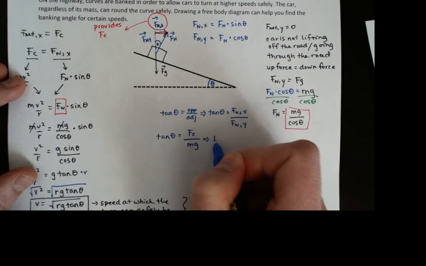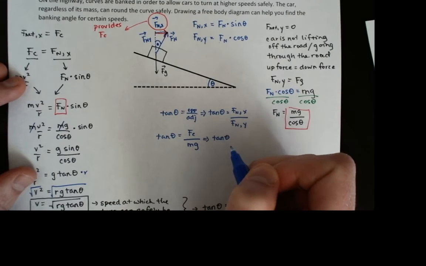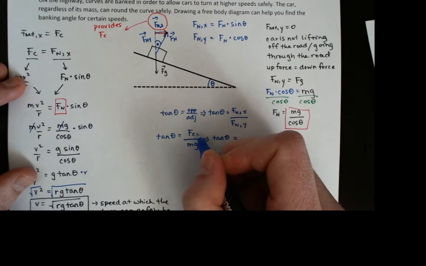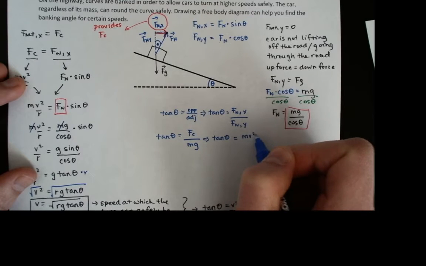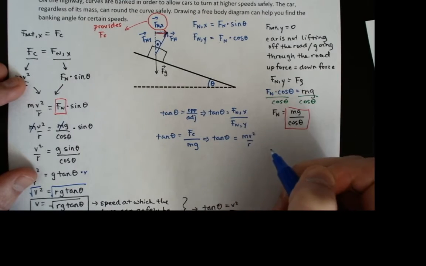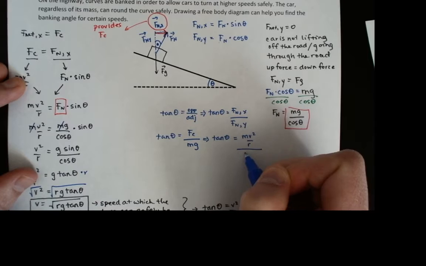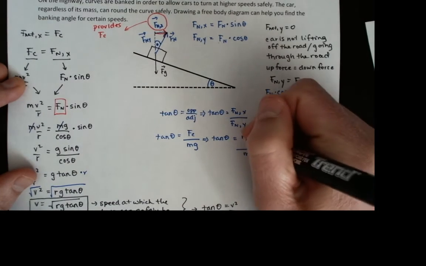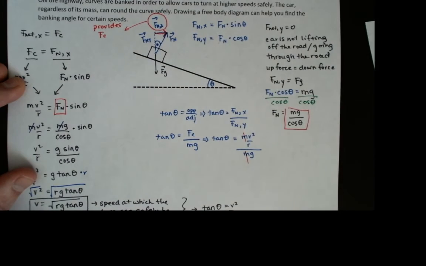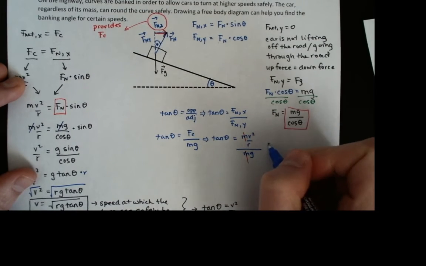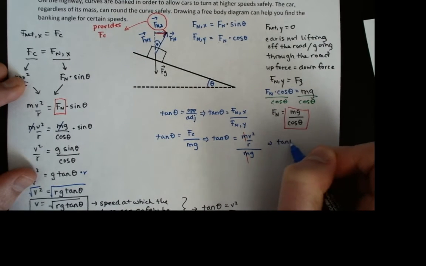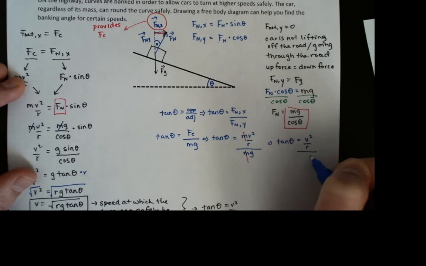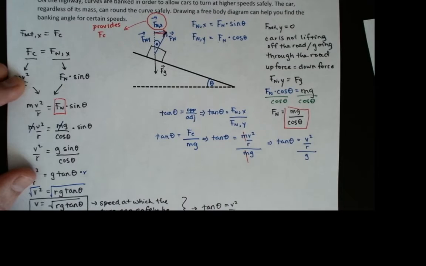Now, let's change this further. So Fc is really m times v squared over r, still over mg. Now m divided by m, our m's go away. Tan theta is equal to v squared over r divided by g.